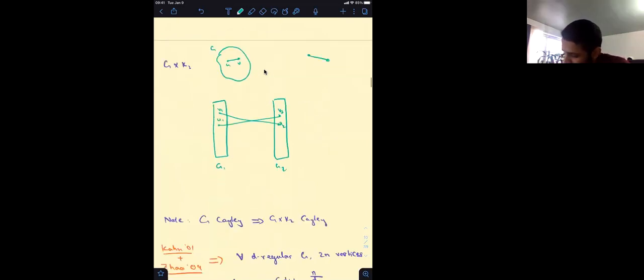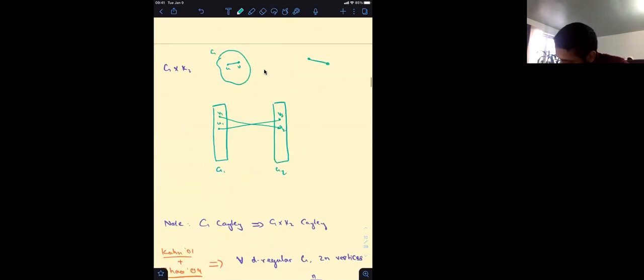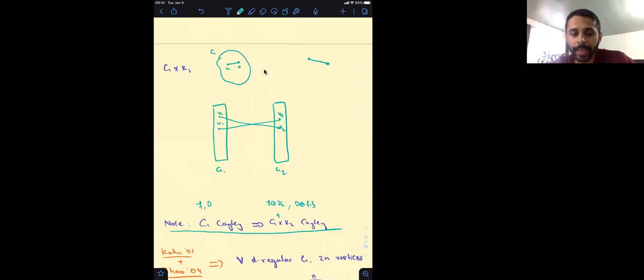By the way, this is a note that will be relevant later: if G is a Cayley graph, then even G cross K2 is a Cayley graph. If G is a Cayley graph on a group F with generator set D, then G cross K2 is a Cayley graph on the group F direct sum Z mod 2, and the generator set is D direct sum 1. So if G is a Cayley graph, this operation preserves the Cayleyness of the graph.